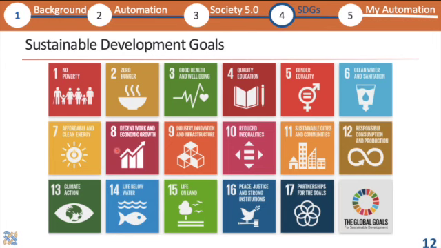I think we don't have enough time in this course to discuss it, but I can just say that we have these 17 goals, numbered 1 to 17, that should be the targets for human life. In the in-person class, I have a discussion, but you can have a look at the Japanese website that introduces these 17 things.